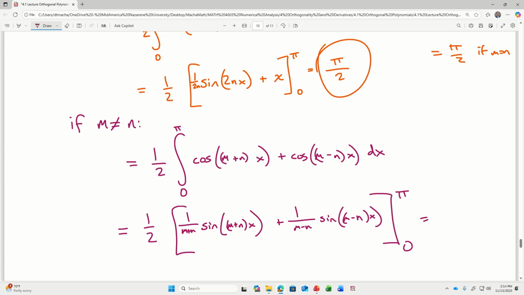Okay, this time m and n are both integers, right? Positive integers. So whether I add them together or I subtract them, I'm going to get a positive integer. And I'm not going to get 0 because we said that m and n are not the same positive integer. So no matter what, I get something that's not 0 here and here and here and here.